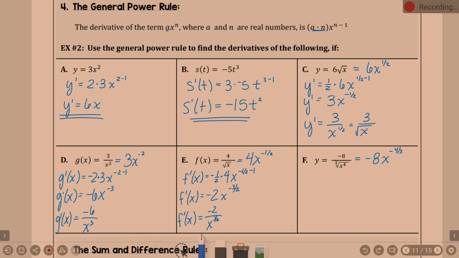That was my pause. It's a cube root, right? Normally with a square root, the 2 is in the denominator. It's a cube root, so the 3 is in the denominator. So the problem starts as negative 8 x to the negative 4/3. Negative 4/3 times negative 8, and x to the negative 4/3 minus 1.